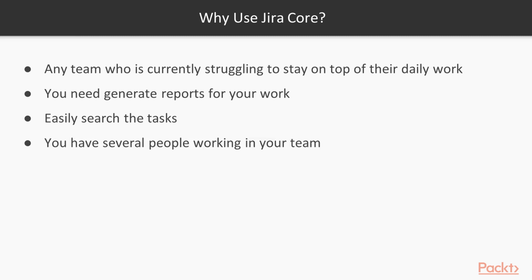And if you have several people working in your team and they need to collaborate and work together, then you can use Jira Core to assign different activities to those people. And that is why you will have very good visibility in the team. You can easily find out who is working on what, and you can also track their individual activities with the help of Jira Core.